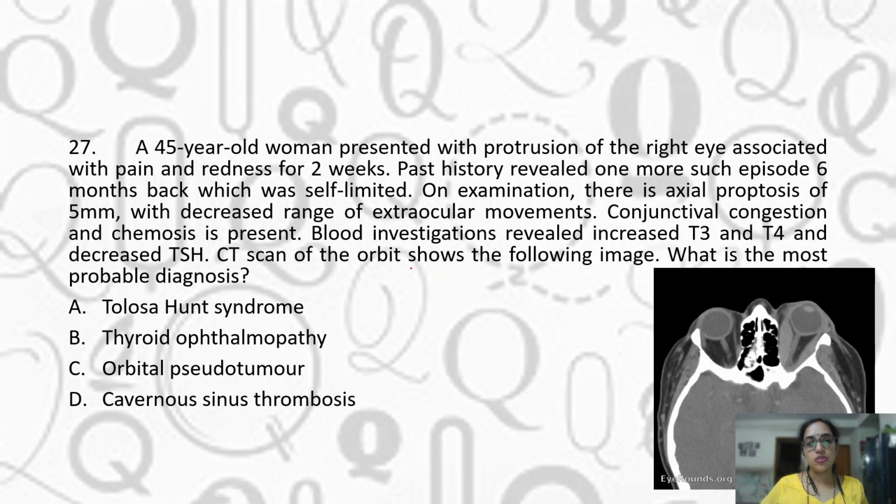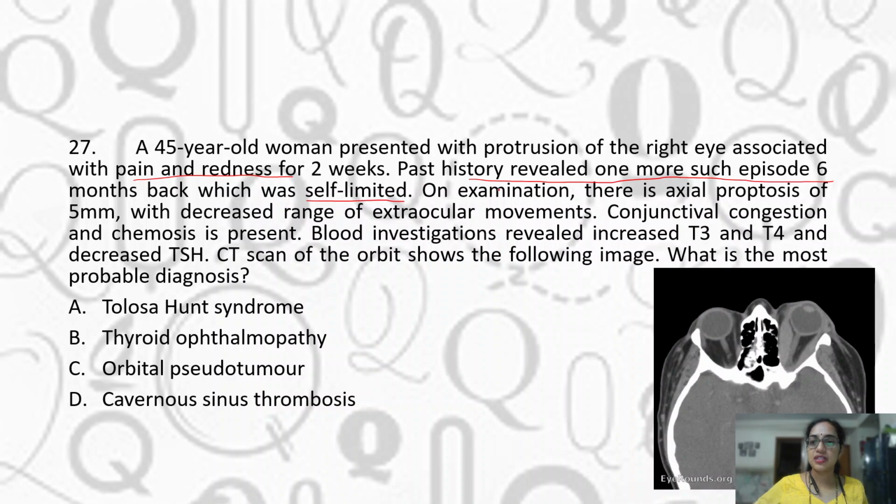A 45-year-old woman presented with protrusion of the right eye associated with pain and redness of 2 weeks duration. Past history revealed one more such episode 6 months back, which was self limited. So, we have two very important clues here. It is a recurrent disease, and it is self limited. There is pain and redness.